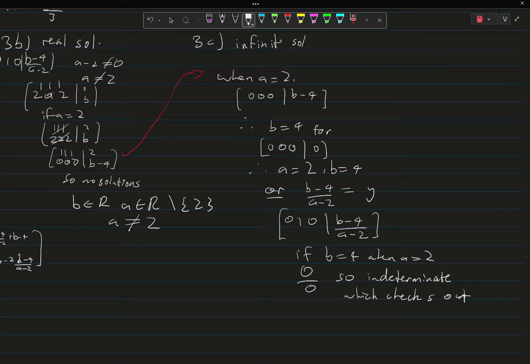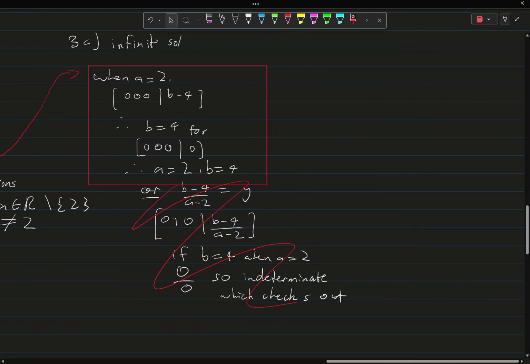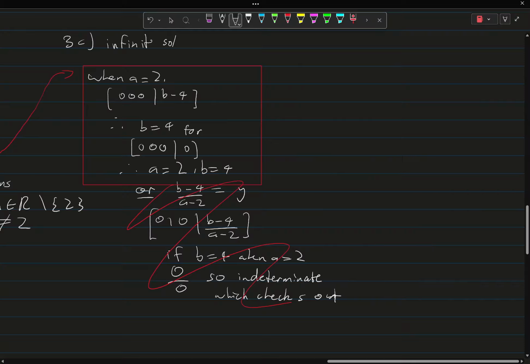Yeah, so that checks out. But this isn't actually that great a way of proving there are infinite solutions. Ignore this, just use this, because indeterminate doesn't really mean too much. But that was just a random train of thought.